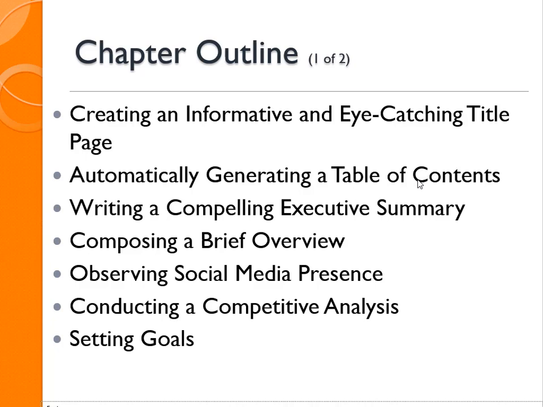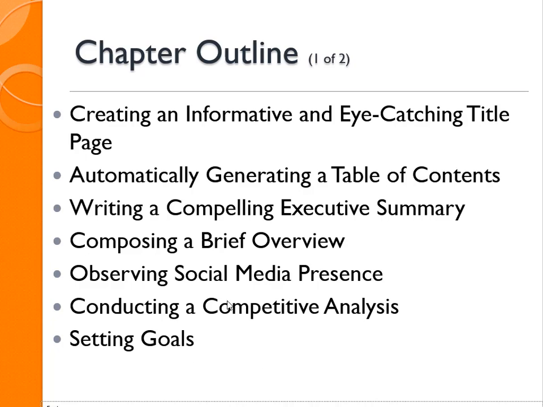You'll need to create a table of contents, and then we'll talk about writing an executive summary, which is an overview of the entire plan and convincing someone that has some kind of skin in the game, or being a champion, so to speak, to be part of that.